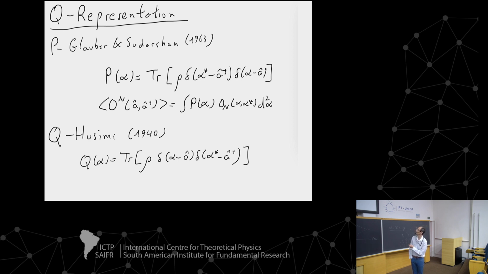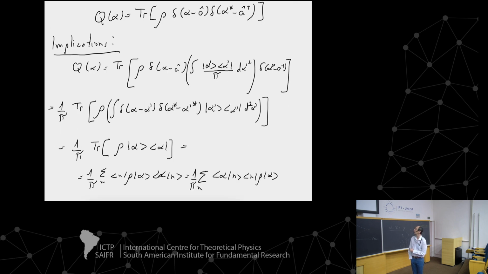You see that while the P function can be mapped using this normal ordering of delta functions, the Husimi function is mapped by using the anti-normal ordering of your delta functions. First annihilation, and then creation. So when you use this mapping here, once again, it's just a way to translate rho into a function, a map.